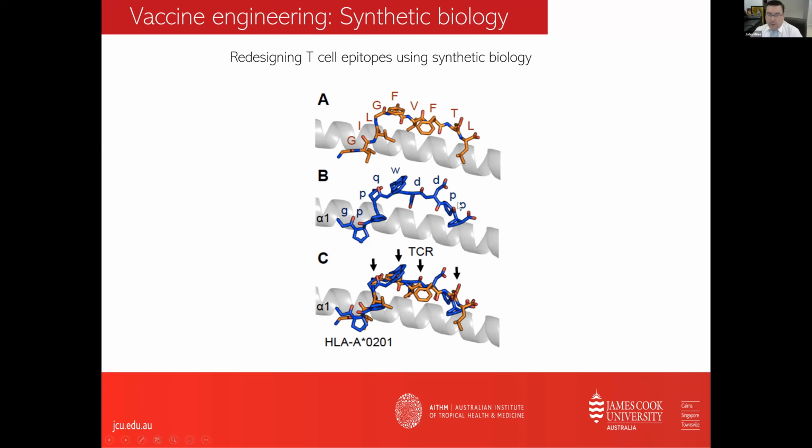We upped the structures now, but we did modeling, and we found that even though they had different primary sequences, when you put them together, they kind of look the same in 3 dimensions. And that's what T cells look for.